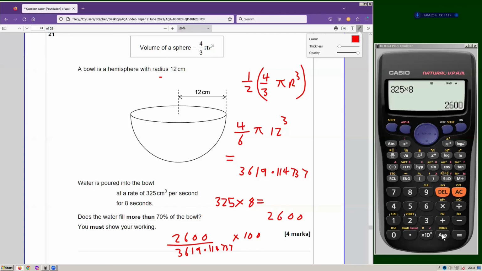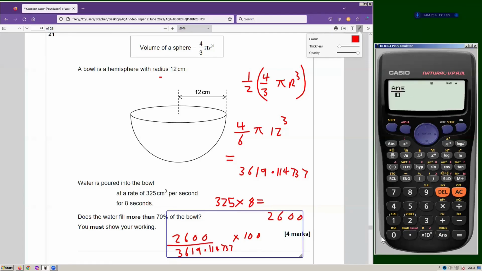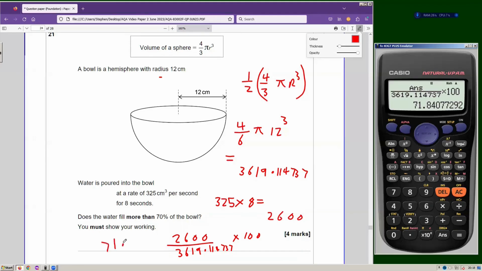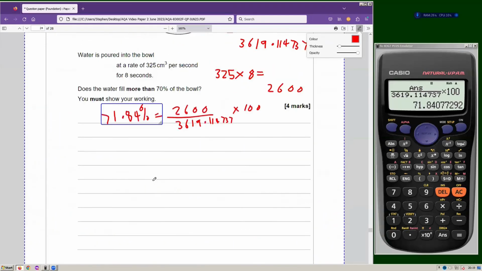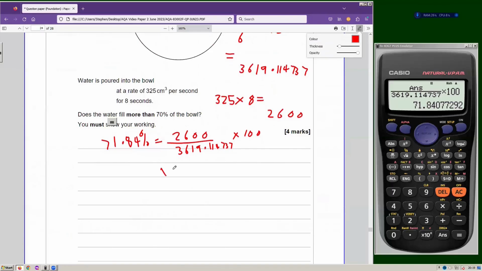I'm going to use the answer. I'll just click answer over like this. Move that up and then go times by 100. 71.84%. So we've got to put a yes anywhere. Well, no, we just say yes.